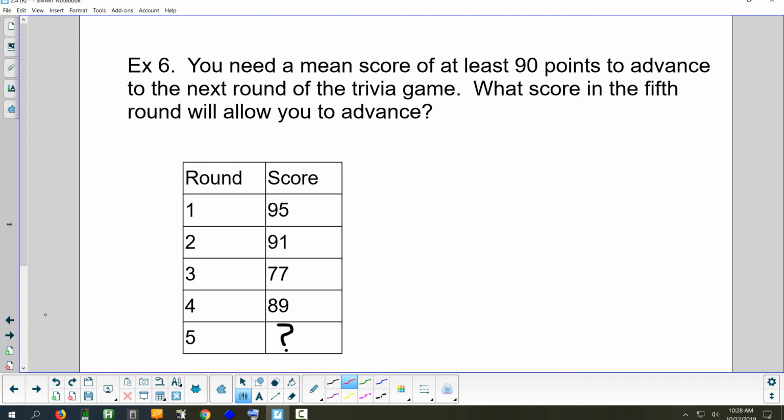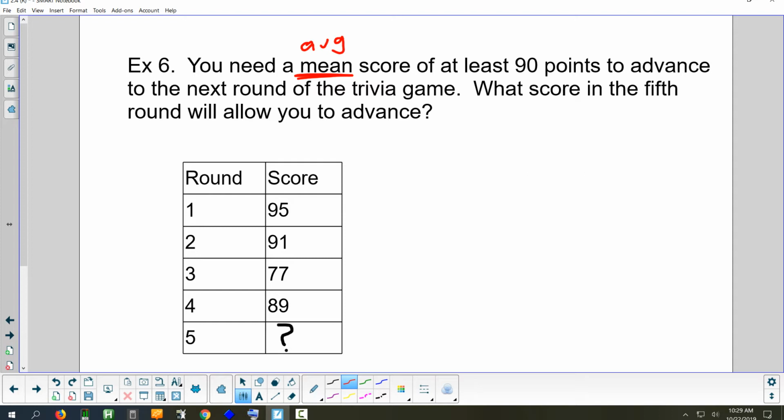Example 6 says you need a mean score of at least 90 to advance to the next round in a trivia game. These are the scores you've gotten each round so far. The question is, what score do you have to get in the 5th round to make sure that you can advance? What does mean mean again? It's the average.